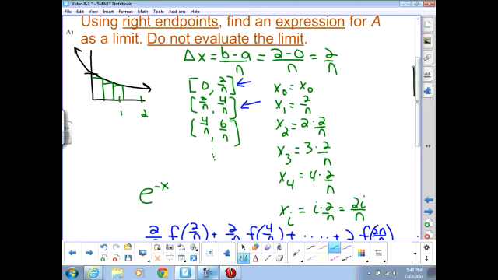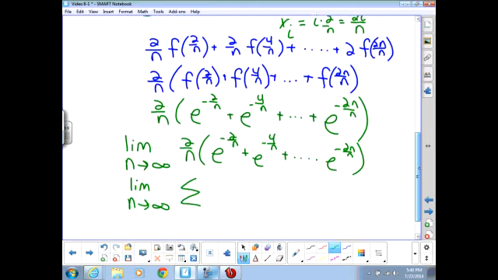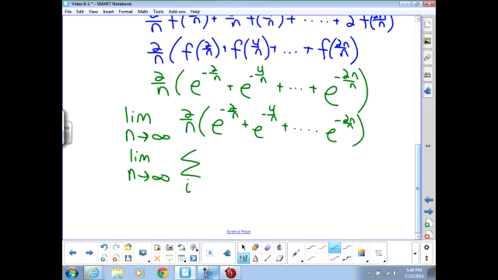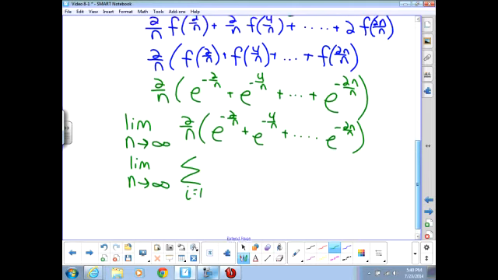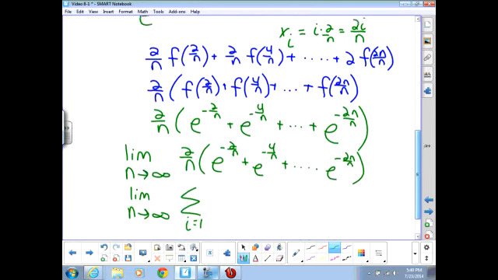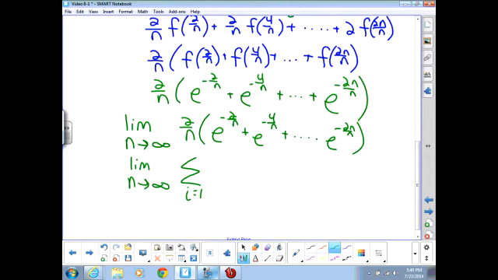So our first value we actually used was x1. So we're going to let i equal 1 to start. And our last one we used was xn, because it was our nth x value. And then we'll have 2 over n times e to some power.